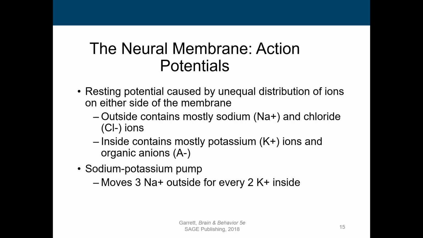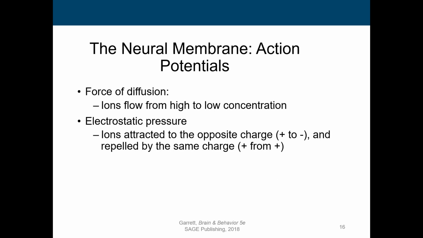Something else to keep in mind is the inside of the neuron has much more negative ions than positive ions, whereas the ions on the outside are mostly positive, and this makes the resting potential negative. There are two forces that keep this balance going.